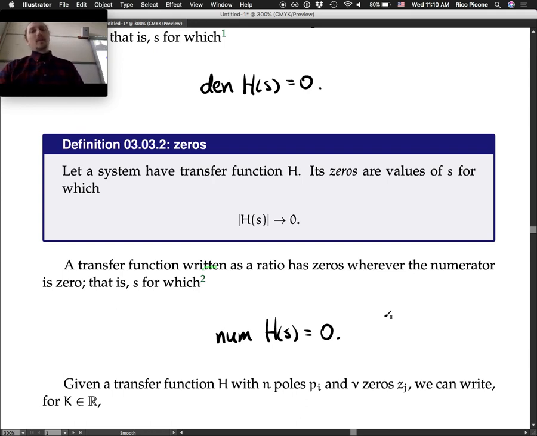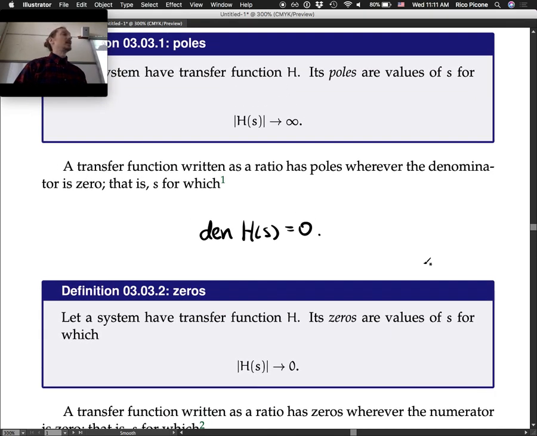One thing that I'm ignoring here is what happens if the denominator and the numerator go to 0 at the same time. I'm skirting that a little bit. These definitions are typically what are taken to be the definitions of poles and zeros.